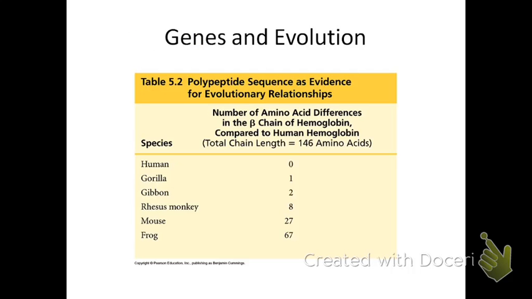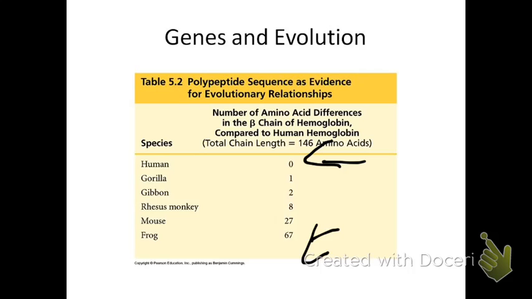Now, if we look at genes and evolution, the more nucleotide sequence genes that are in common, the more closely related the organisms are. The fewer nucleotide sequence genes that are in common, the more distantly related they are. So if you look at our chart here, frogs way down here are not really closely related to us. The only thing they have really in common maybe is that they've got 4 limbs, a circulatory system, some different things like that going on.